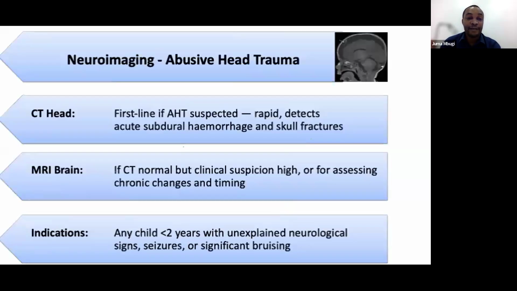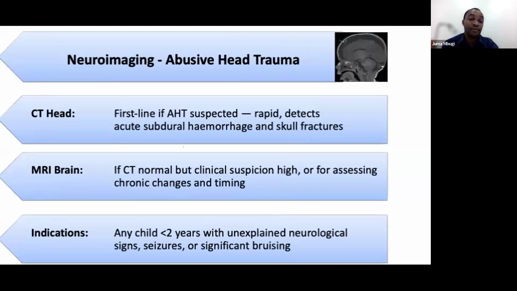Again, we have the neuroimaging for abusive head trauma, like CT head. This is the first line in abusive head trauma. Why? Because it can rapidly be done and it detects acute subdural hemorrhage and skull fractures.